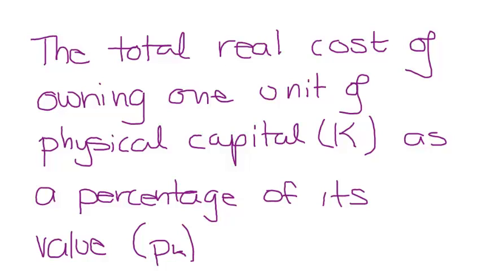Okay, so let's think about all the things that are going to affect the user cost of capital. Okay, and there are three things basically. So I'm going to give the formula and then we're going to discuss each in turn.